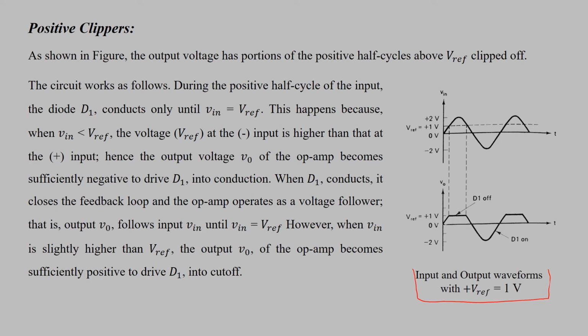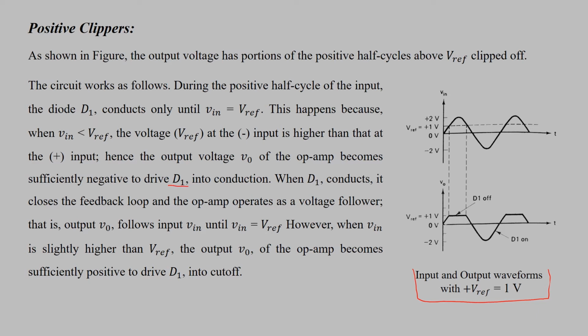This happens because when the input voltage is less than the reference, meaning the reference at the negative input terminal is higher than that at the positive, the output voltage of the op-amp becomes sufficiently negative to drive D1 into conduction.